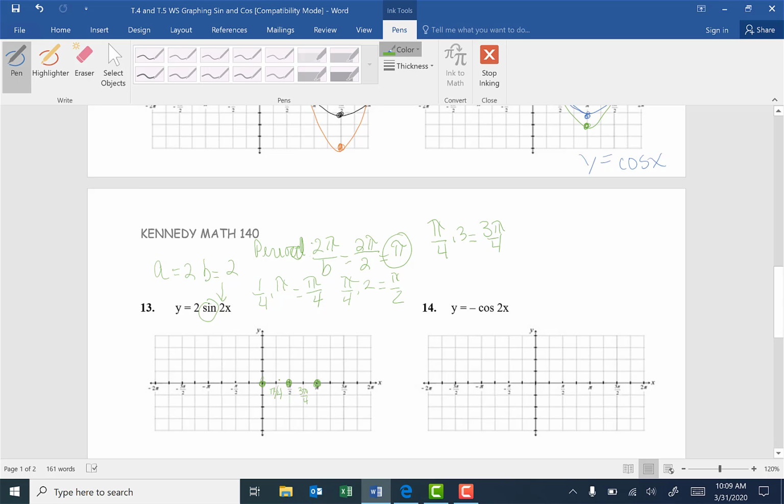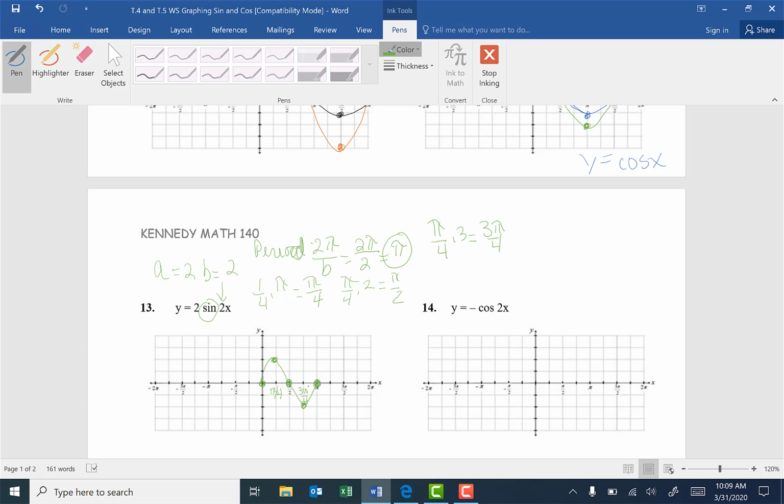A is 2, so this value will be up to 2, and this value will be down to -2. And our graph is going to look like this. And that is the graph of y equals 2 sine 2x. Notice we had two things going on here. We had an A of 2, which brought it up to 2 instead of 1. And then we had our B, which was 2, which changed things quite a bit.